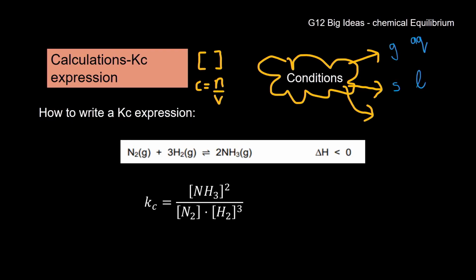So with a solid and with a liquid, the concentration is always 1. And 1 times anything is going to be anything. So we disregard something which is in a solid form or a liquid form. Now, Kc for a chemical equation that has reached equilibrium will be the same unless the temperature of the system is changed.